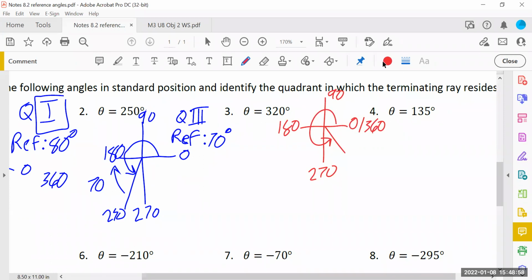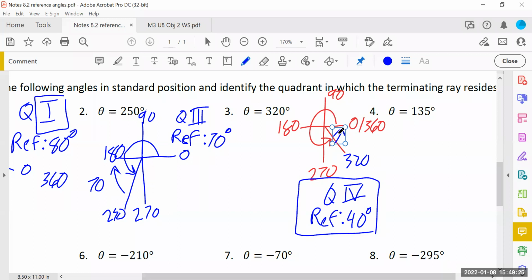Well, that means I need to go just a little farther. I need to go right there. That distance between the 320 that I'm at now and the 360 is my reference angle. So I'm in quadrant IV, or again, always Roman numerals. My reference angle is going to be 360 minus 320, or 40 degrees.